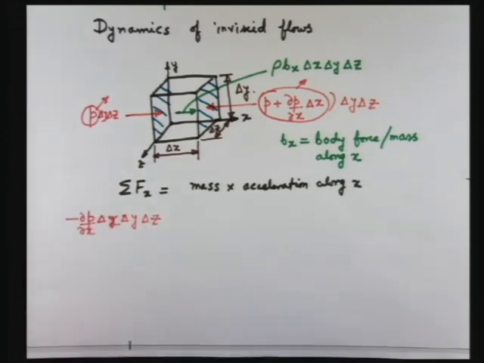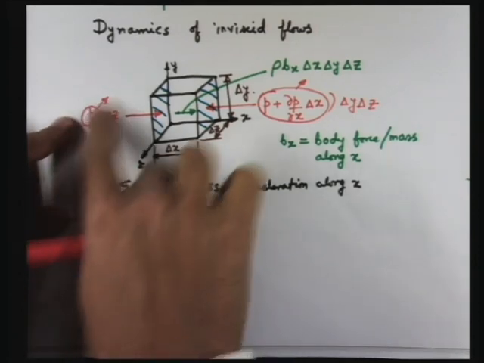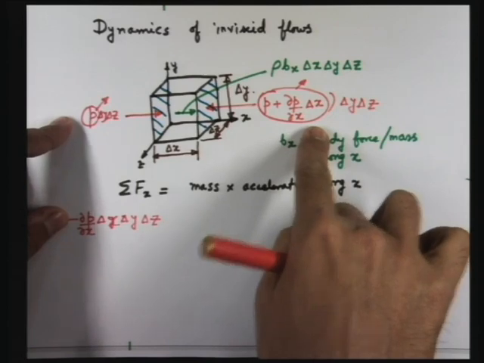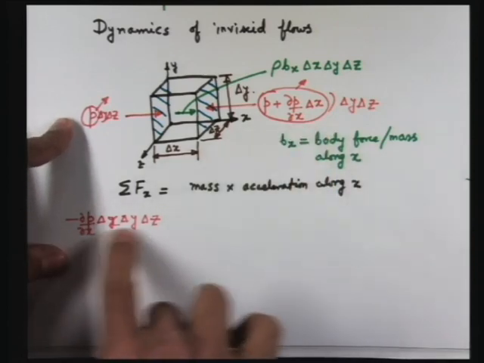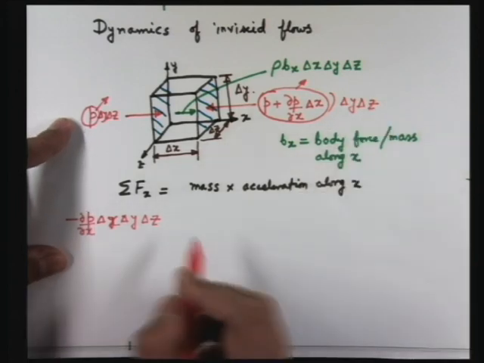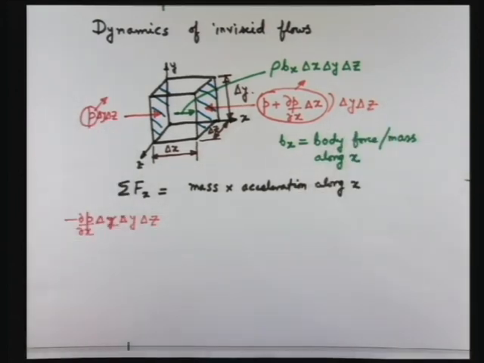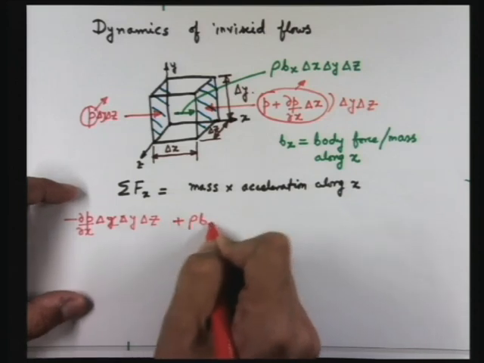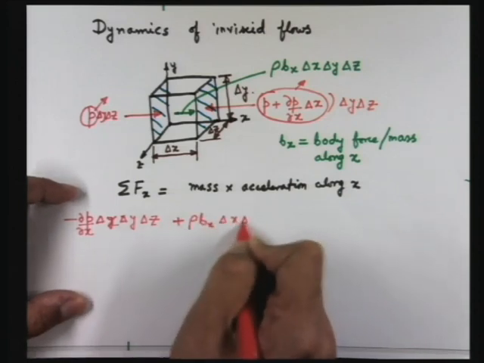Okay. So this minus sign comes because this is plus and this is in the opposite direction. So if you subtract these two, then it will be minus del P del x into delta x times delta y into delta z. So this is the surface force and then the body force plus rho bx delta x delta y delta z.